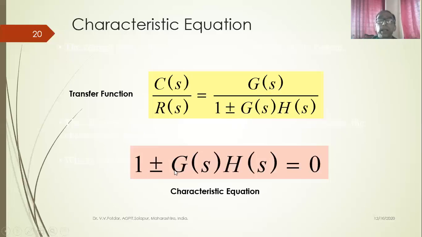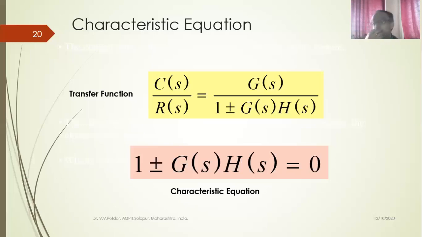Now this denominator, just for this example, 1 plus or minus (s plus 1) into (s minus 2) or (s plus 2), whatever it is, equal to 0. When I solve this, I'll get a polynomial in s, maybe s square plus 3s plus 2 equal to 0. Now that polynomial in s talks about the characteristic, the character of that system.